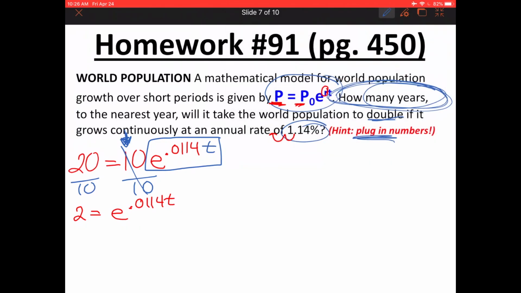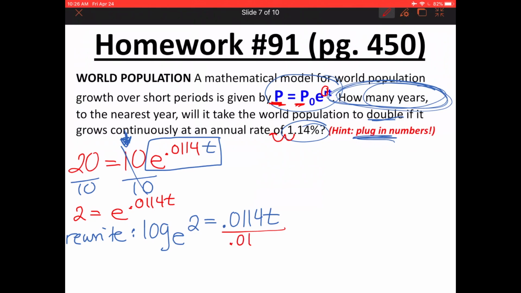Whenever you have a variable that is in the exponent, you need to rewrite this in logarithmic form. So to rewrite this in log form, I'm going to put log base e of 2 equals 0.0114t. My last step to get t alone is divide both sides by 0.0114.